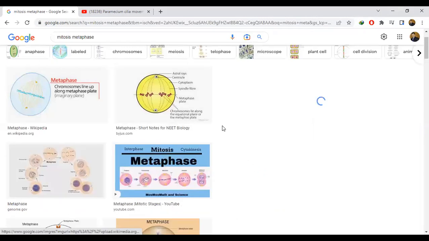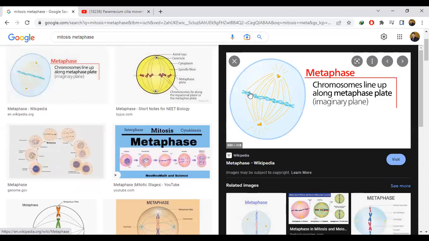Here you can see in this picture, there are centrioles. The thread-like structures coming from the centrioles are called spindle fibers.